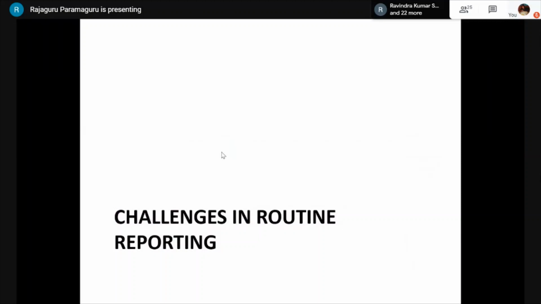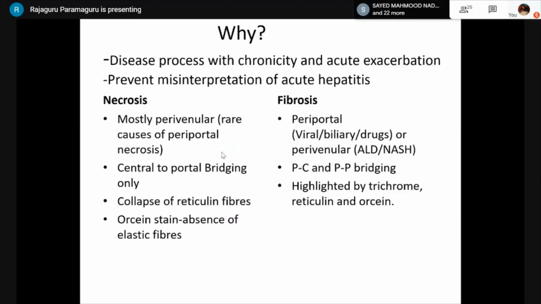So what are the routine challenges which you face in routine reporting? We need to differentiate what is necrosis and fibrosis. Why? In a disease process where there is chronicity, you have to differentiate between a chronic hepatitis or an acute exacerbation of a chronic hepatitis.